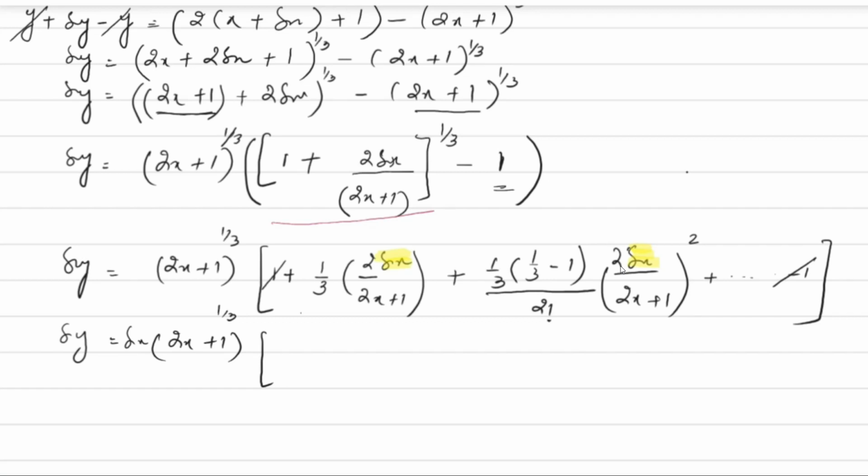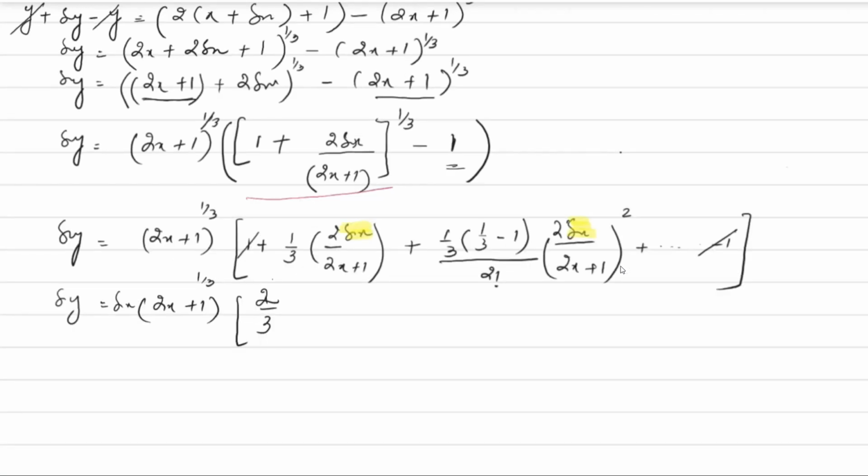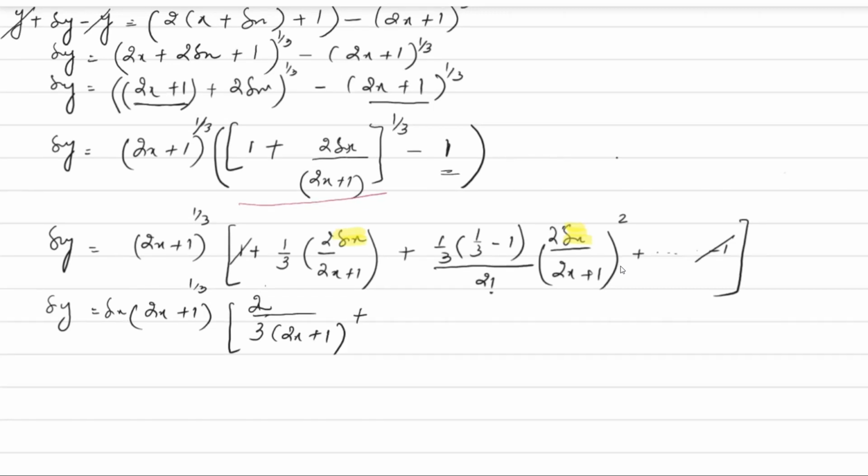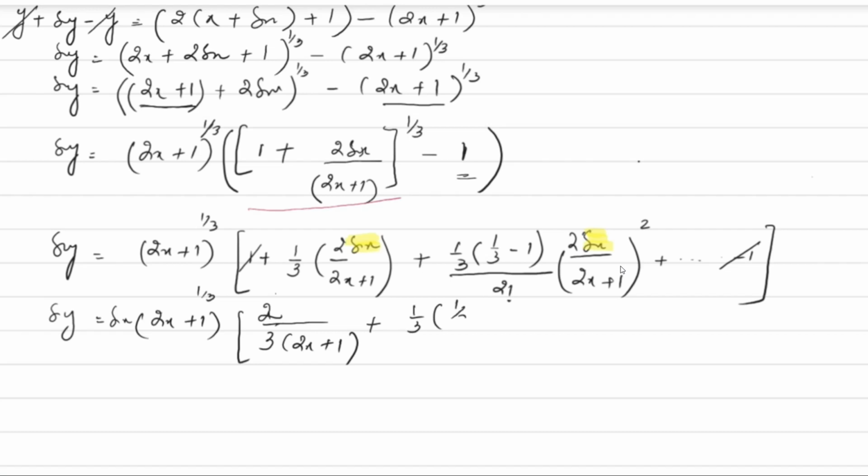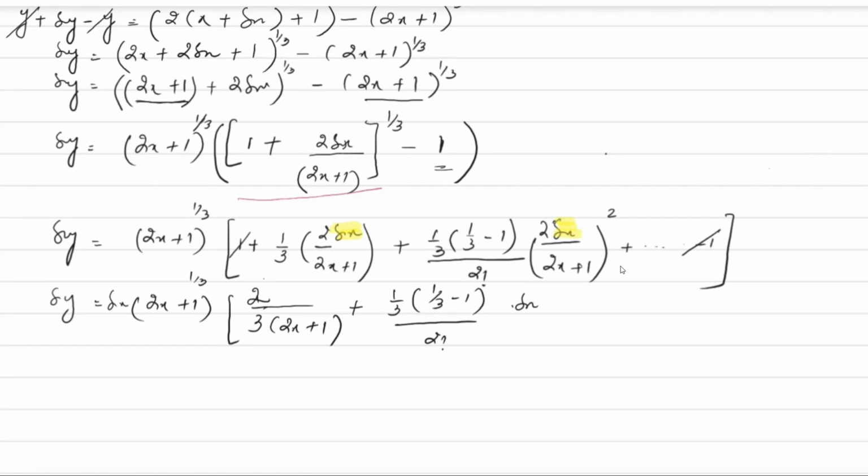So here it would be 1 upon 3 into 2, that is 2 upon 3, 2x plus 1, fine, plus 1 upon 3 into 1 upon 3 minus 1 by 2 factorial. So here it would be 4 delta x by 2x plus 1 whole square. It's up to so on.